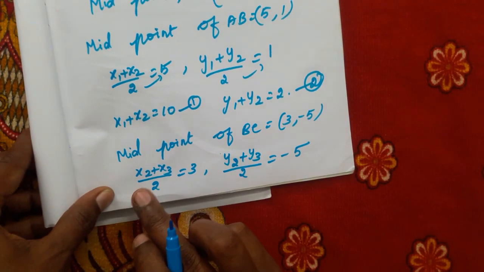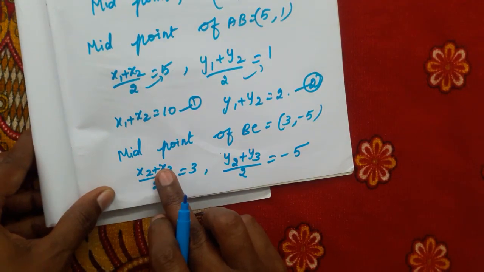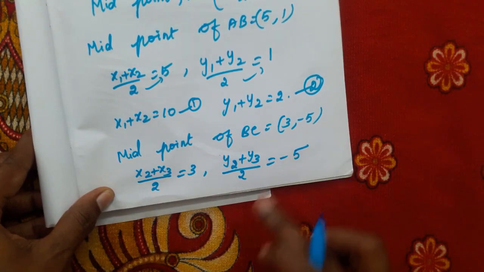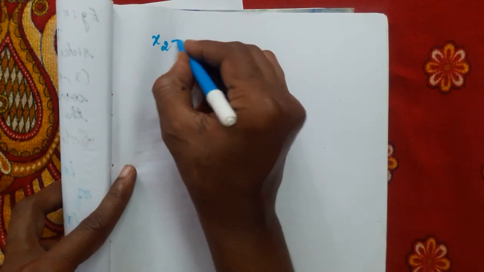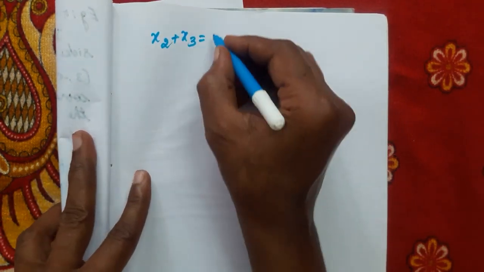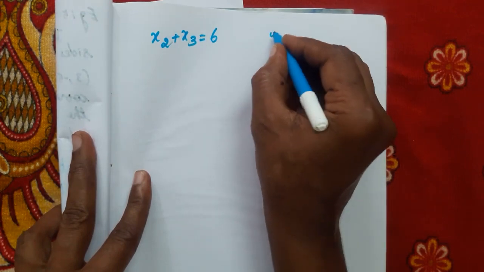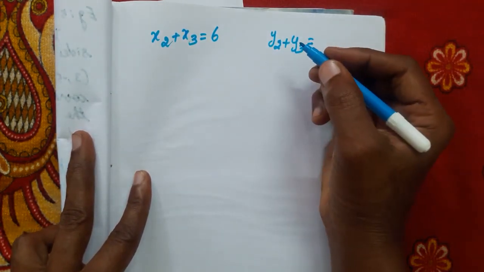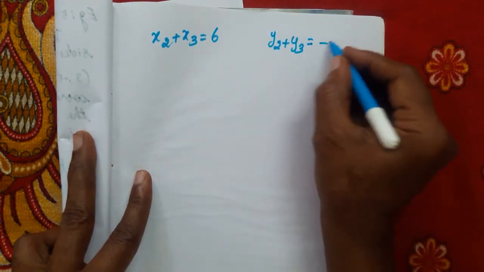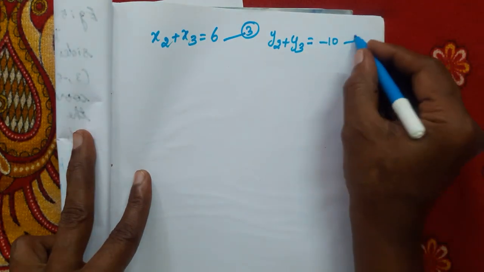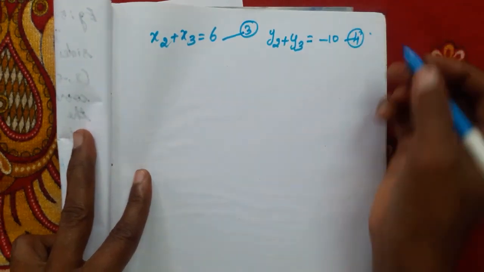From here we get x2 + x3 is equal to 6, and y2 + y3 is equal to -10. This is equation 3, and this is equation 4.